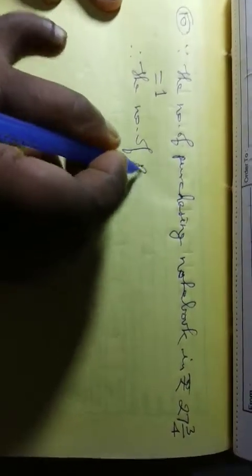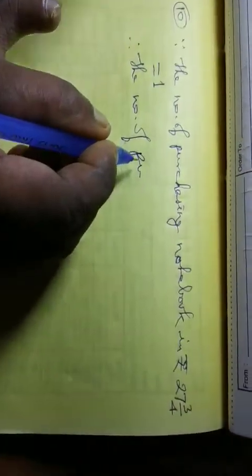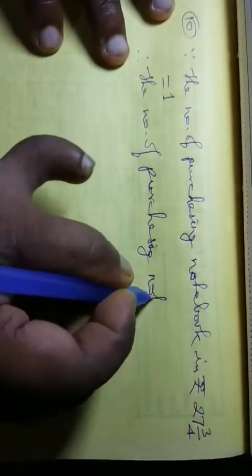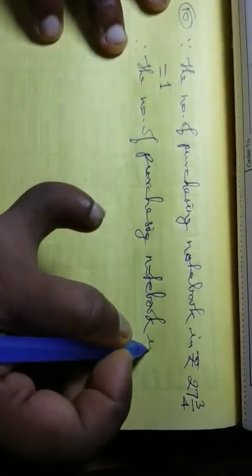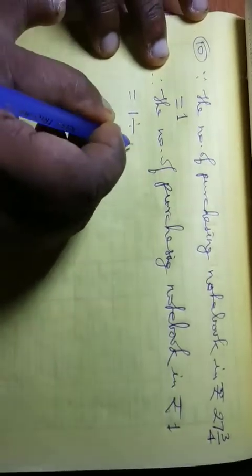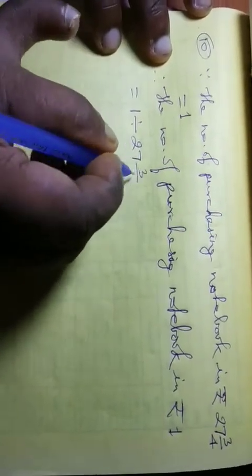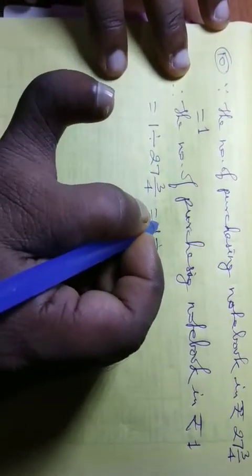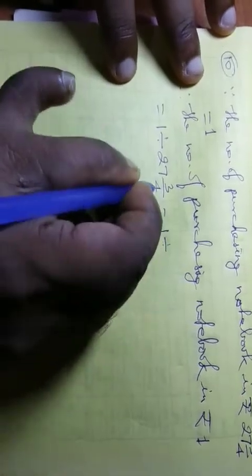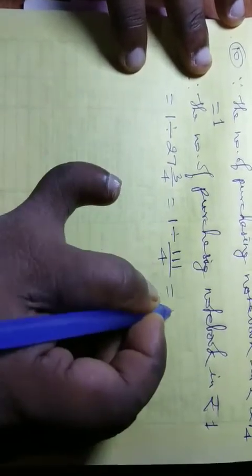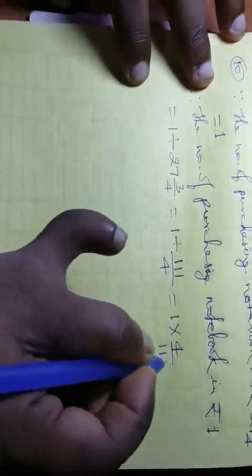Therefore, the number of purchasing notebook in rupee 1 is equal to 1 divided by 27 whole 3 by 4. 1 divide 27 4 is 108 plus 3, 111 by 4. 1 into 4 by 111.